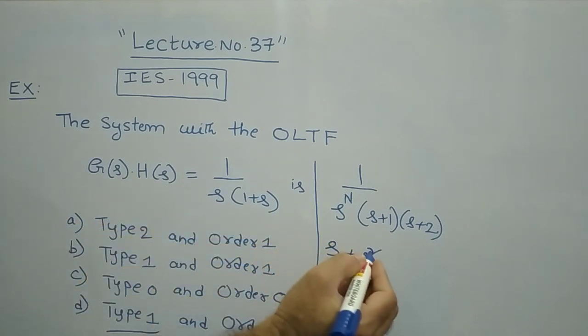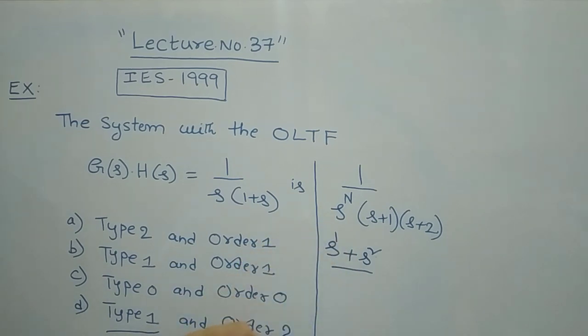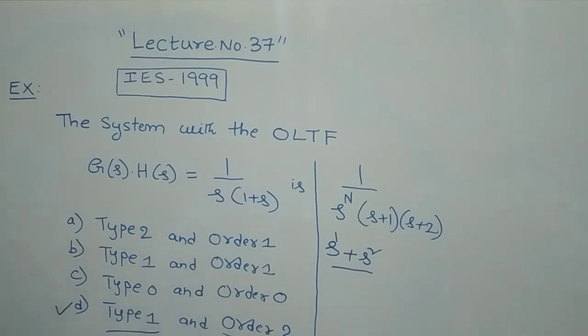The powers are S power 1 and S power 2, the highest is 2, therefore the order is 2. Therefore your answer is option D. It is a type 1 system, whereas the order is 2.